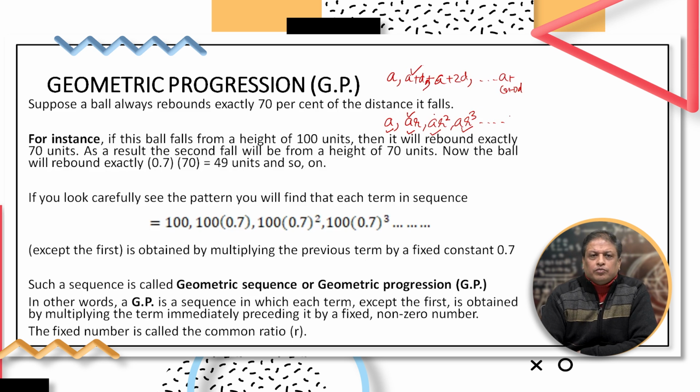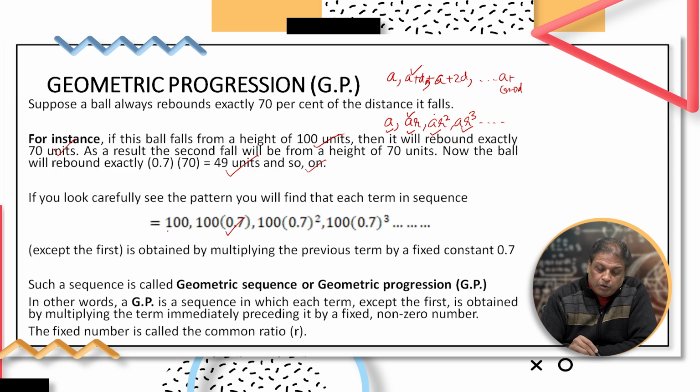Likewise, to cite an example, a ball always rebounds exactly 70% of the distance it falls. If a ball falls from a height of, say, 100 units, then it will rebound exactly 70 units. Thereafter, 70% of the 70 units, that means 49 units, and so on. So, the factor is 0.7.